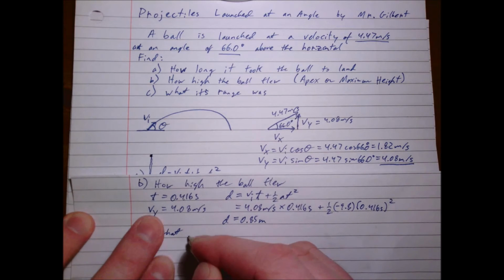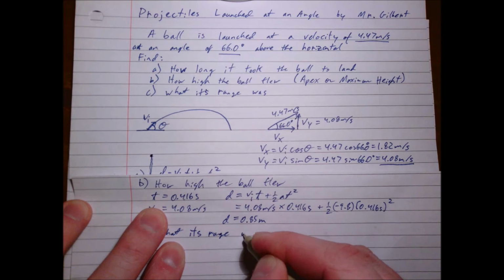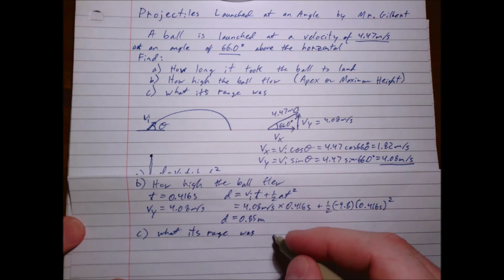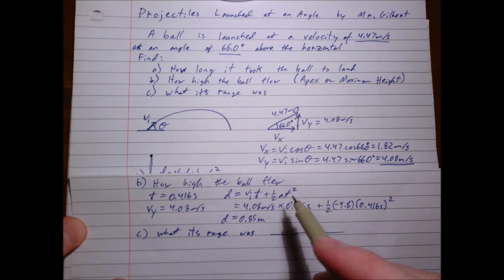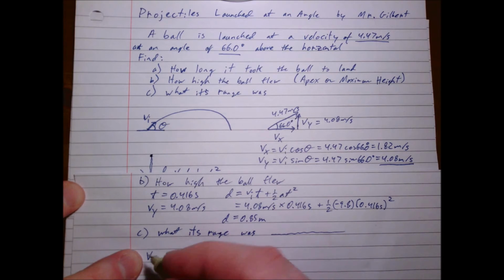Okay? So, C, what its range was. For this one, we're talking about how far did it go in the x direction. So now we're worrying about Vx, how fast it's going in the x direction.